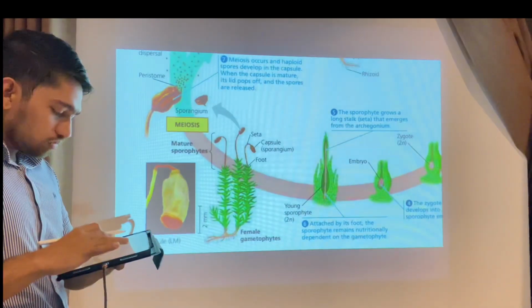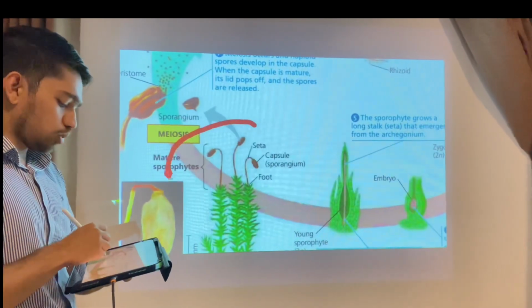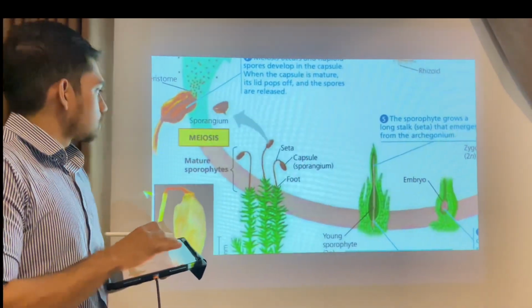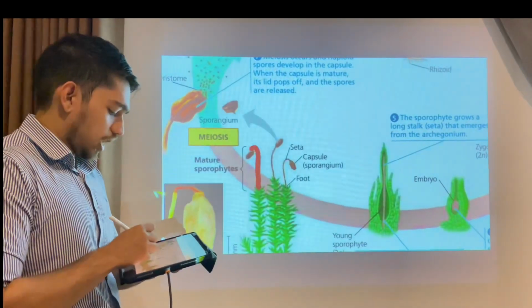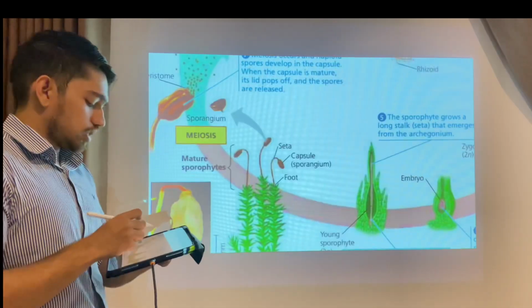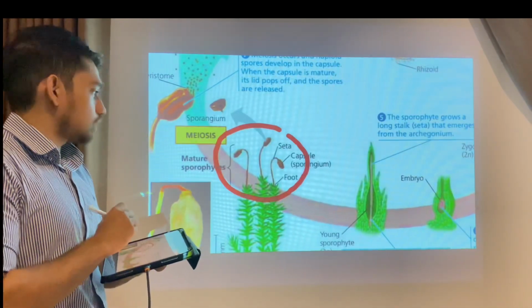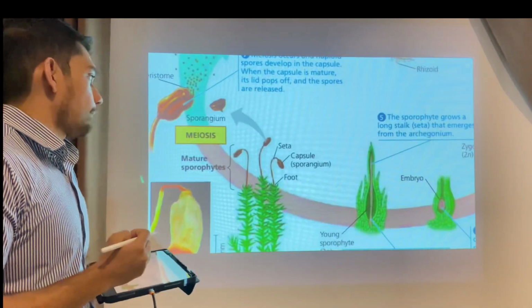Then on top of the gametophyte, we can see the sporophyte, right? As you can see, the sporophyte is not green colored and it is permanently attached to the gametophyte, right? That means the sporophyte is completely dependent on your gametophyte for its nutrition, right?